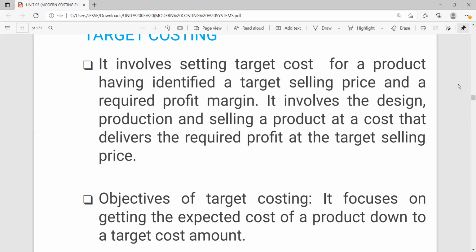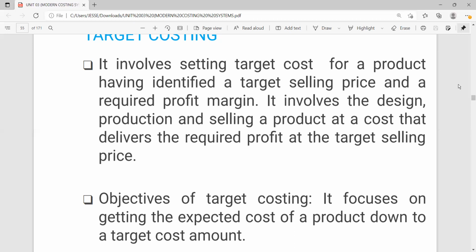Usually what you would see is that people produce a product and the product will cost something. Then they put a profit margin on top of that, and the profit margin plus the costs would be the price at which they sell. Target costing is the opposite.